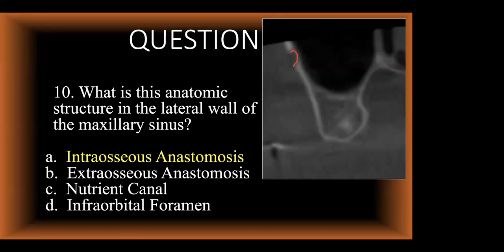It could be a nutrient canal from one of the nerves, but usually it won't be that large and it won't be that significant in the lateral wall. Infraorbital foramen would be very low. Usually the infraorbital foramen is about 6 millimeters below the infraorbital rim, and that is way low. So the answer is A.